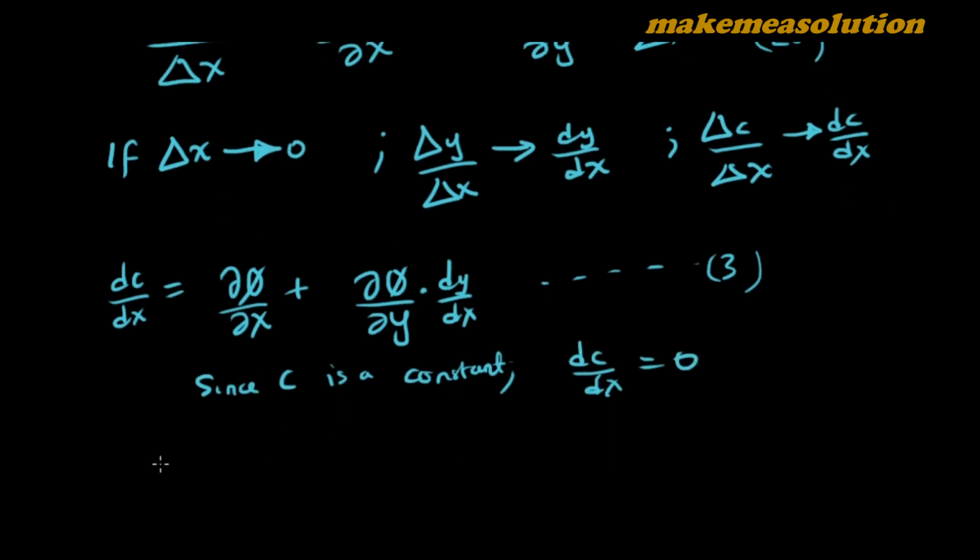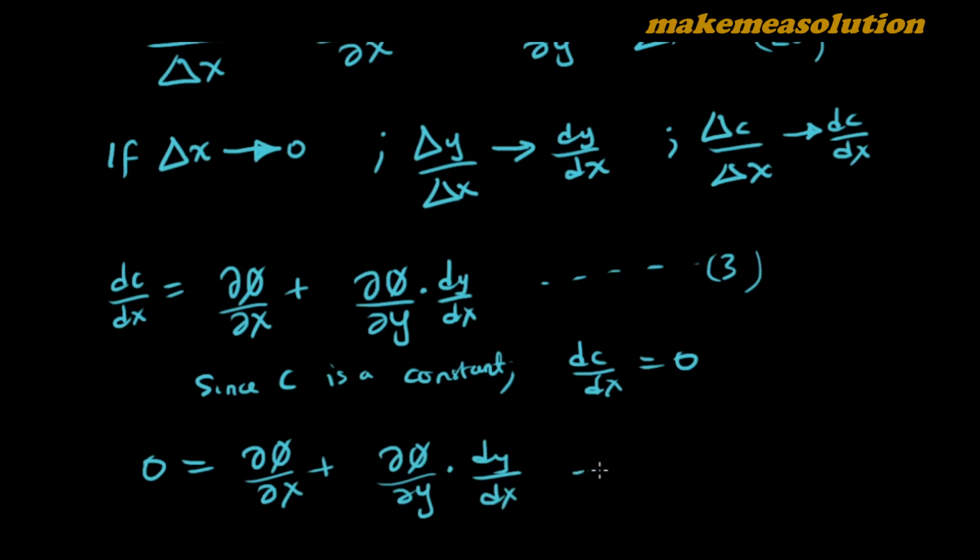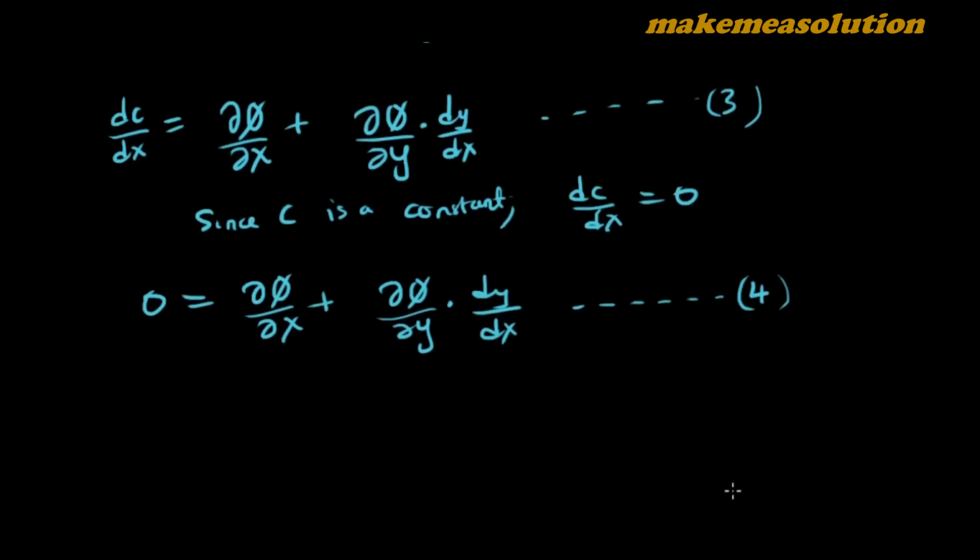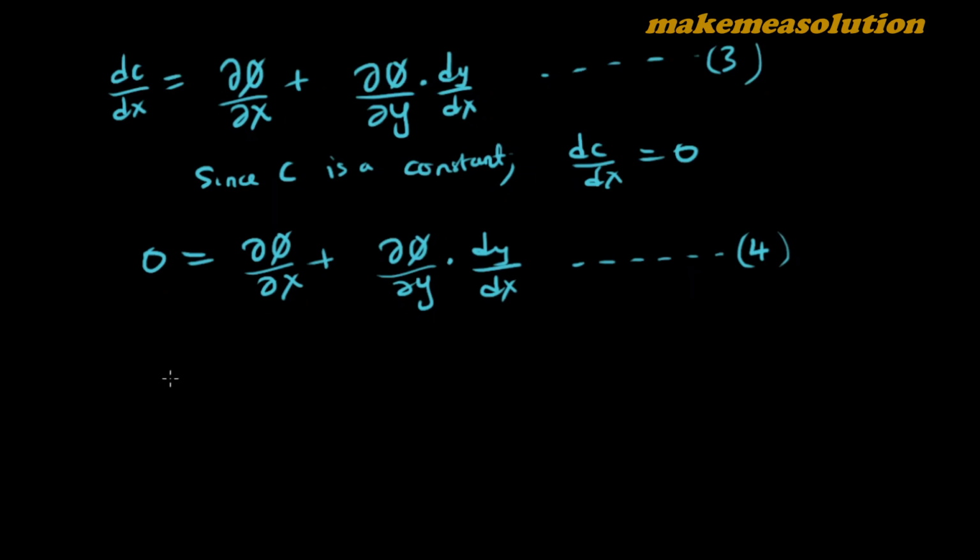So we are now going to have 0 is equal to del phi del x plus del phi del y dot dy dx, and this is equation 4, for instance. So this equation 4 is actually the total derivative of our function phi of x comma y with respect to x.